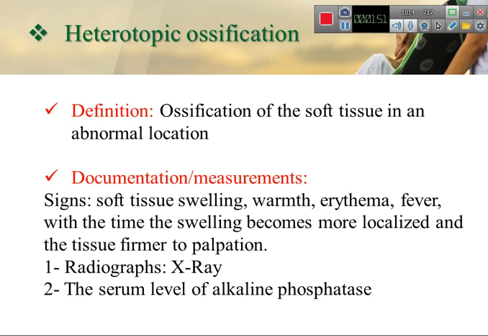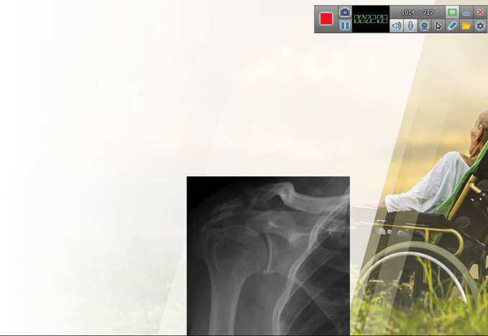We can use radiographs like X-ray to see the heterotopic ossification. We can use the serum level of alkaline phosphatase as another indicator. In this picture, you see the heterotopic ossification on the greater tubercle of the humerus.